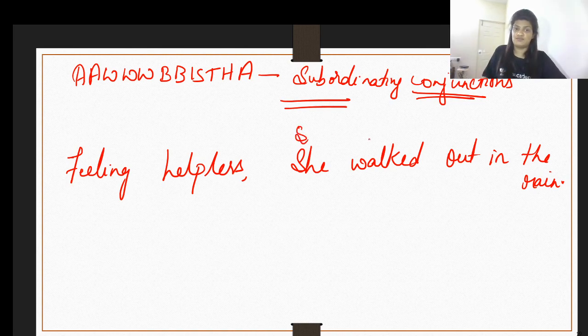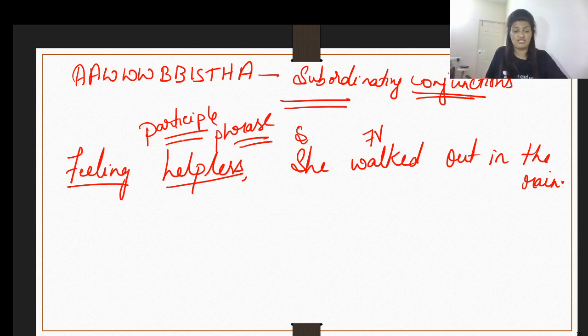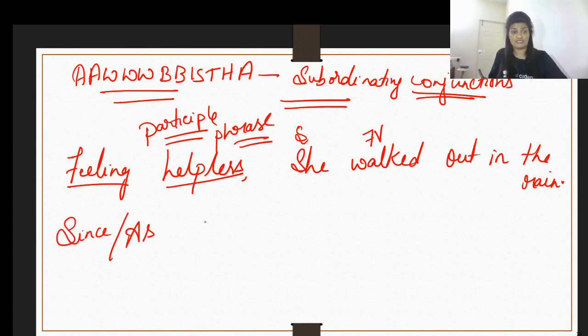She is your subject, walked is your finite verb, and feeling helpless is your participle phrase. So this phrase needs to be converted into a clause, a dependent clause, with the introduction of any one of these conjunctions. So what are we going to do? Which one are we going to bring in over here? We are going to bring in since, or you can also put it as.